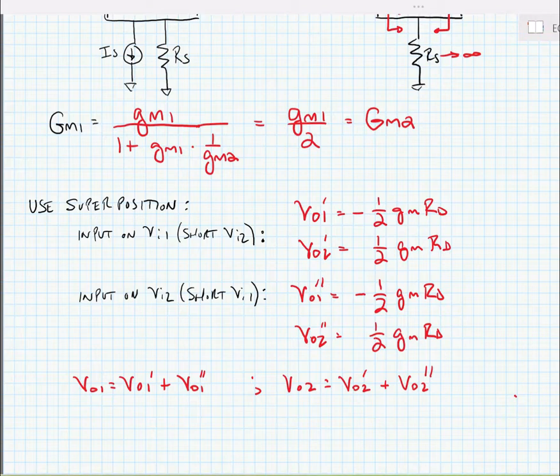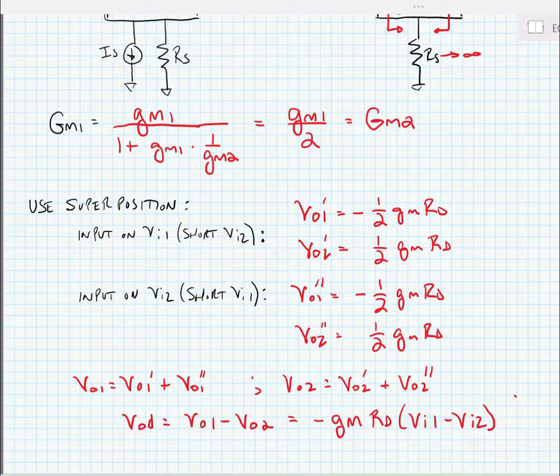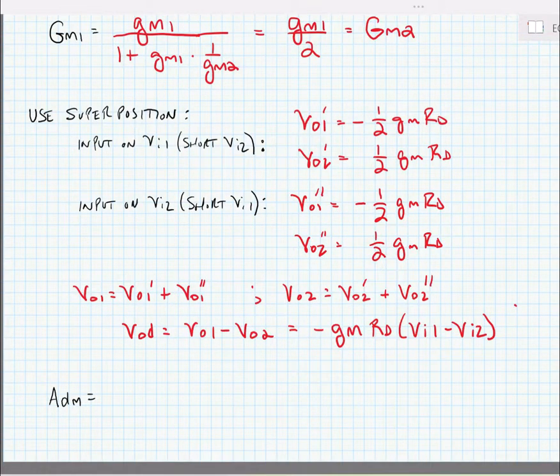We can say that the output differential voltage is the difference between VO1 and VO2. In other words, VO1 minus VO2 is equal to minus GMRD times VI1 minus VI2. The definition of our differential mode voltage gain is VO1 minus VO2 divided by VI1 minus VI2.